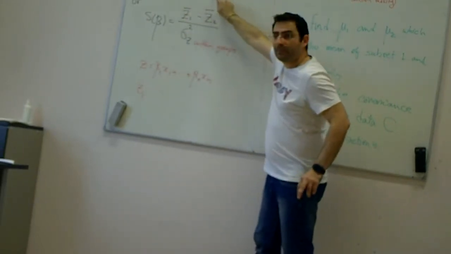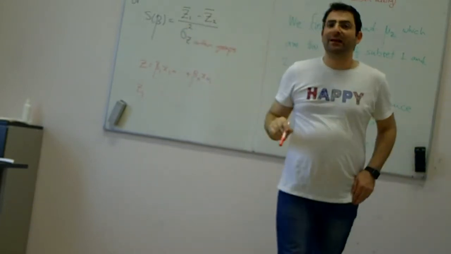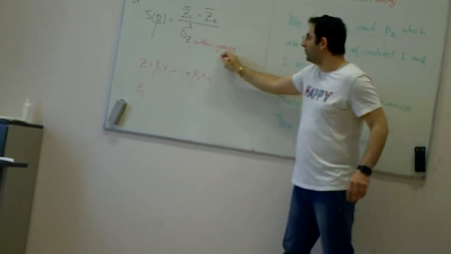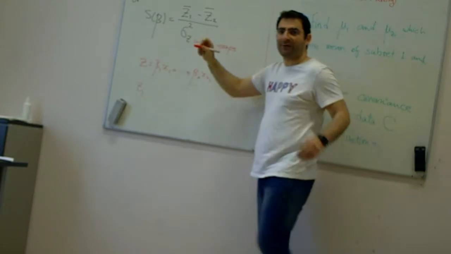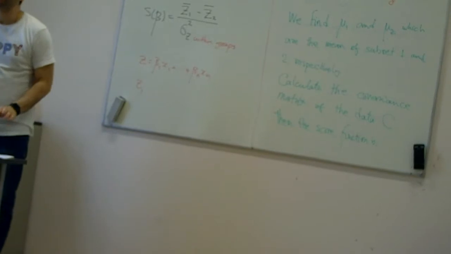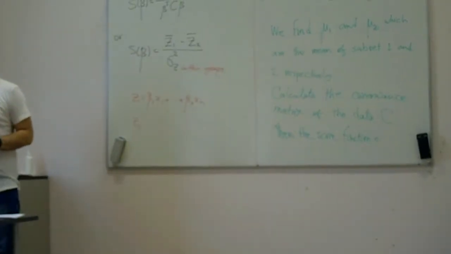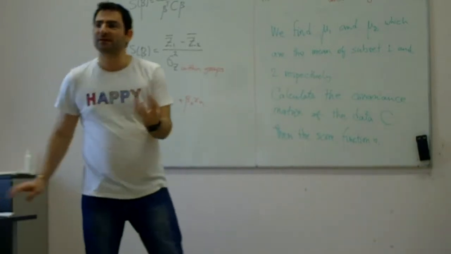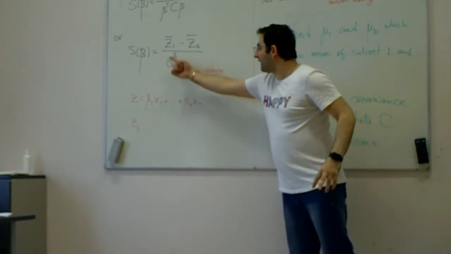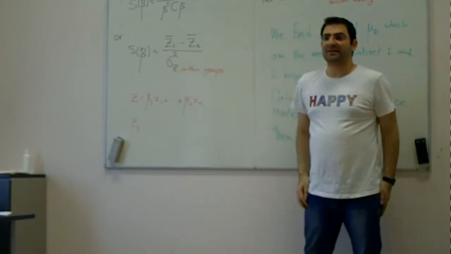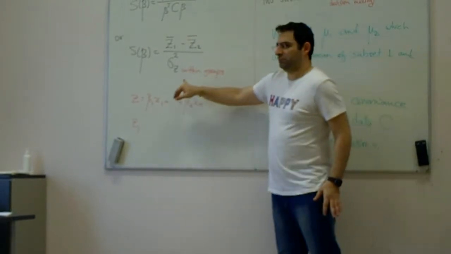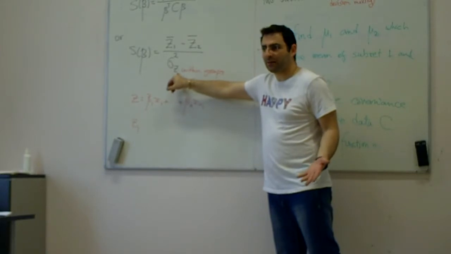And this one, what we are calculating, is actually variance, the variance within the groups that we have. Variance of Z, variance within the groups of Z. Can you tell me what it means? Variance within group of Z. Z is a real number, it's not a complex number.